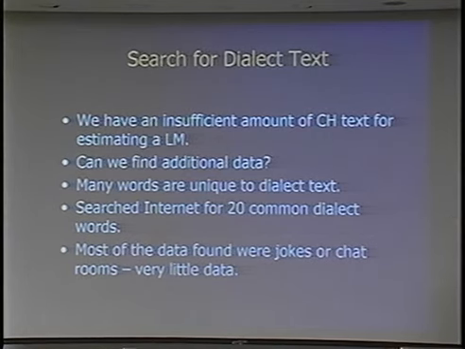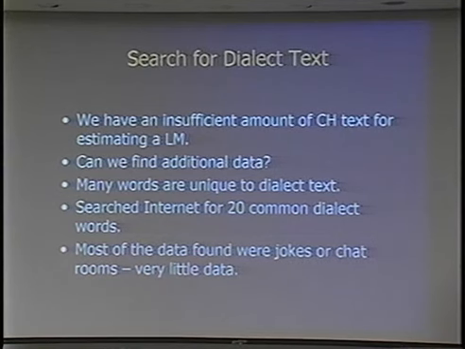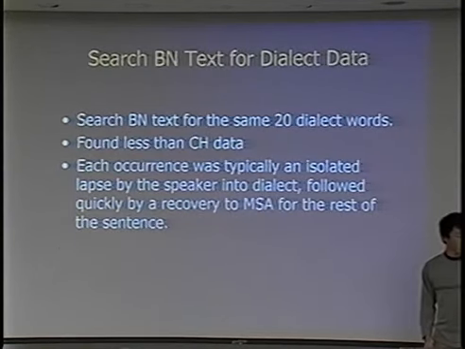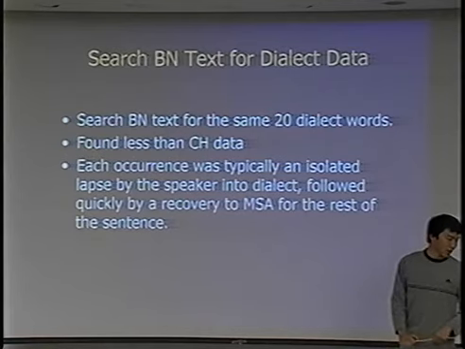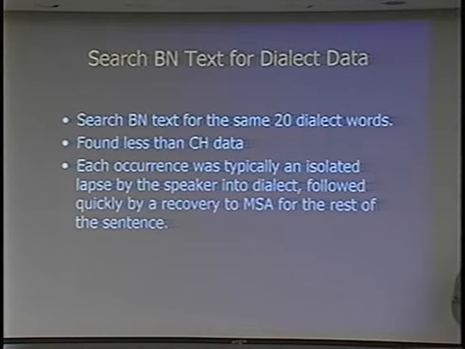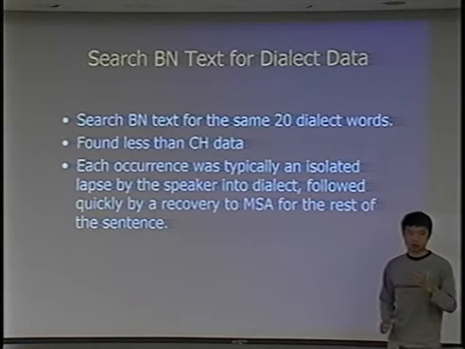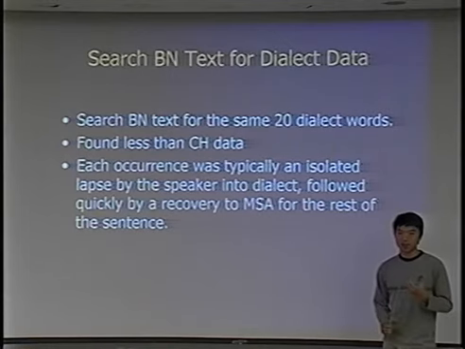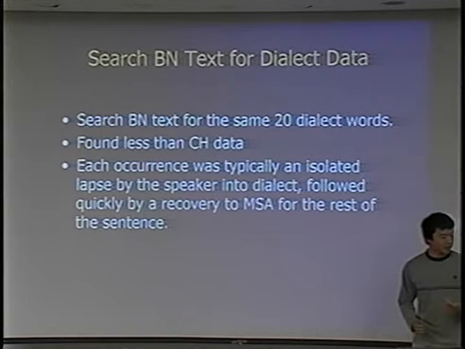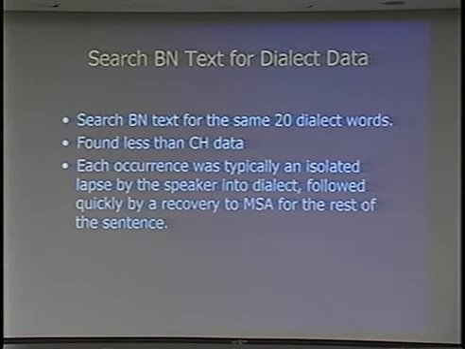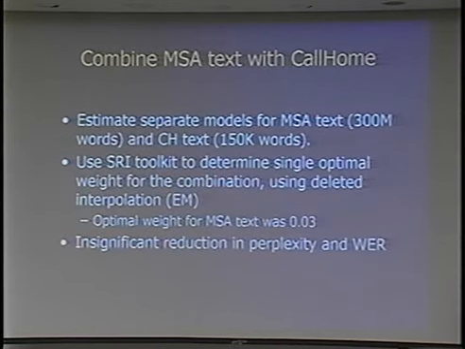But on the internet, they didn't find a lot of data. And when they searched broadcast news, there's not a lot of data either, and the typical occurrence they found is when the speaker uttered one word in conversational Arabic but then switched back to Modern Standard Arabic. And that is not good data for training language models.